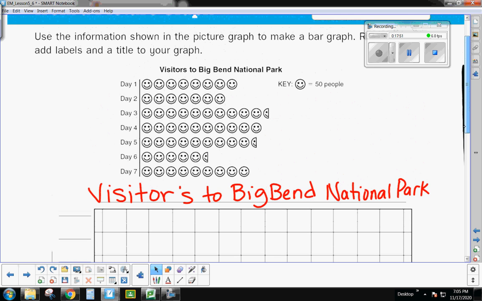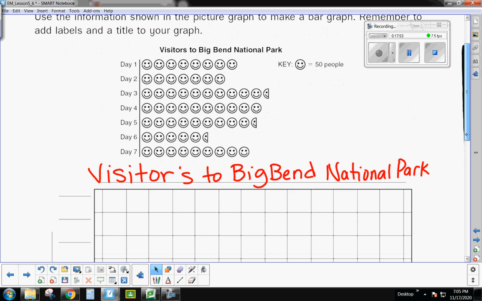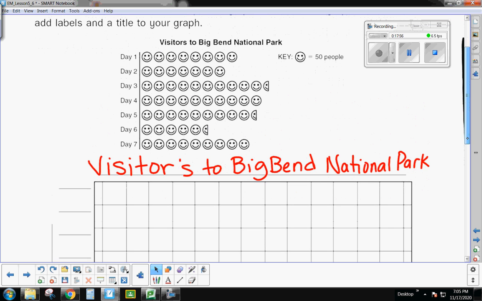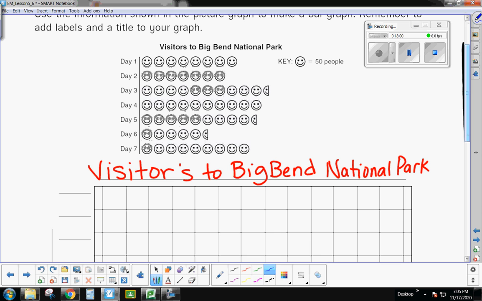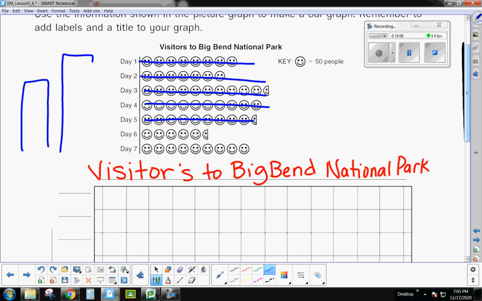Now, you're creating a bar graph out of this information. Typically our picture graphs run horizontally like this. We learned in class that when we do our bar graphs, that same information would be running like this, right?